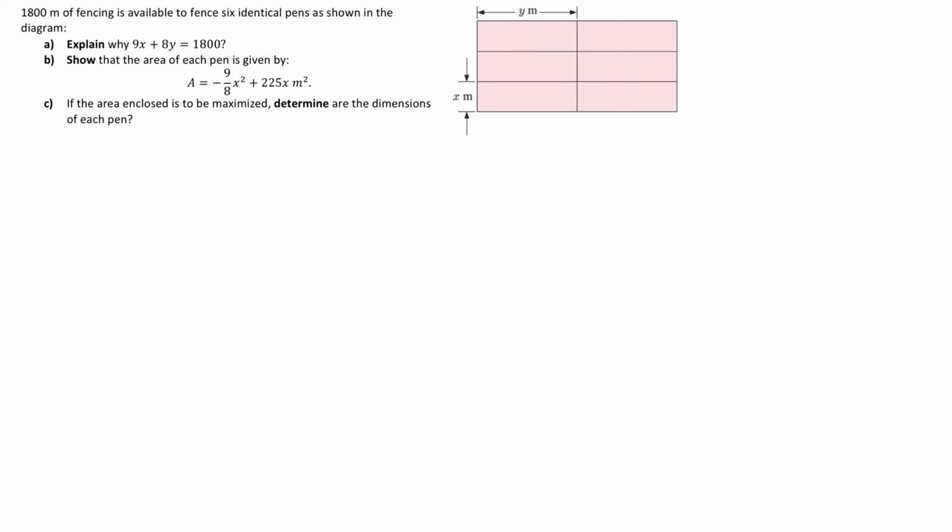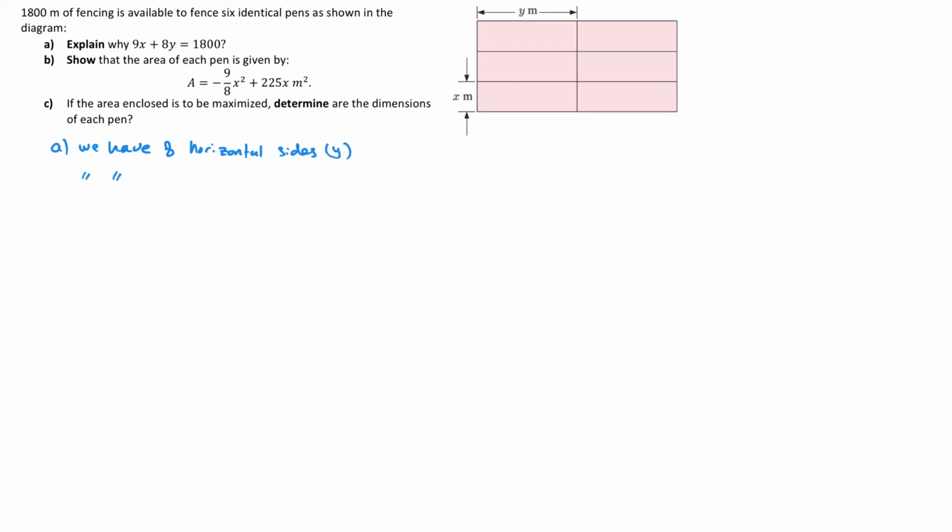We know that we have 1, 2, 3, 4, 5, 6, 7, and 8 y's. So for part A, we have 8 horizontal sides, which are y.